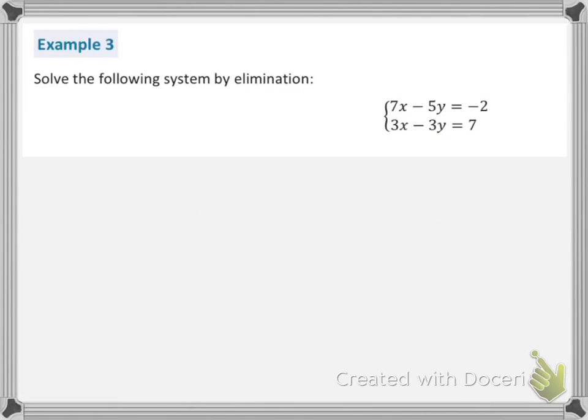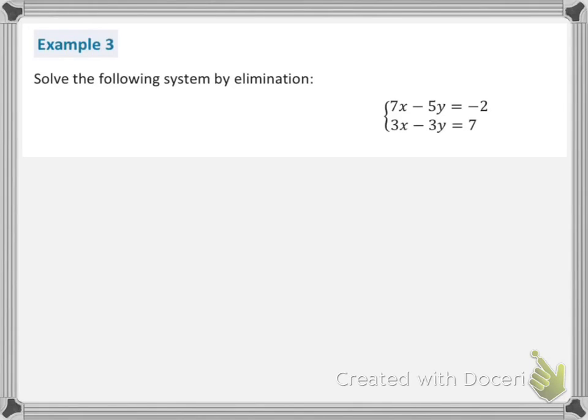All right, let's try another. I would like to change this 3 into a 7, but I can't do that. I'd like to change this 3 into a 5, but I can't do that. So that means I need to change both equations into some common multiple.